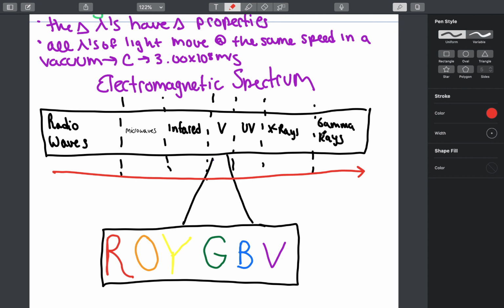And at the other end of the spectrum are gamma rays, which have the highest frequency and lowest wavelength. And remember, this is so that we can keep the speed of light constant. So as we move from left to right on this particular spectrum, the frequency increases and the wavelength decreases.